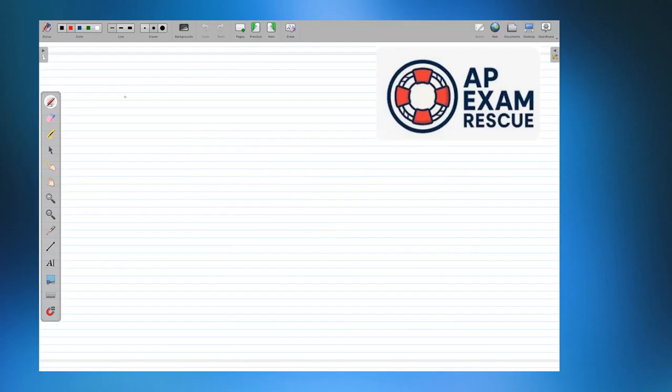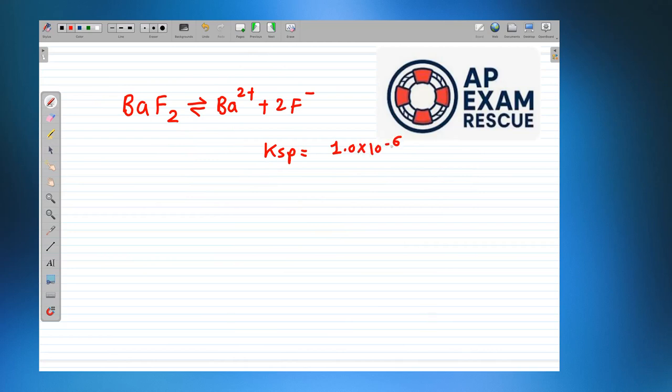So I have BaF2, and BaF2 is a weak electrolyte that will give me Ba2+ and 2F minus. The Ksp is very small, almost 1 times 10 to the power of negative 6, which is still a very small number, which means that this is a solid and these two are aqueous solutions.